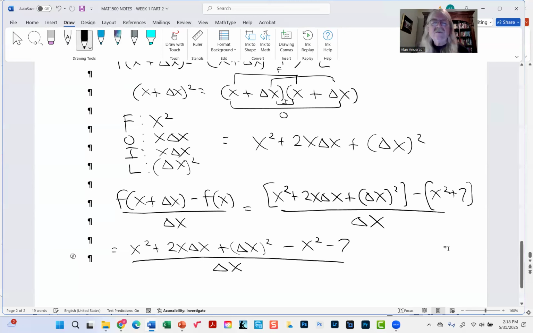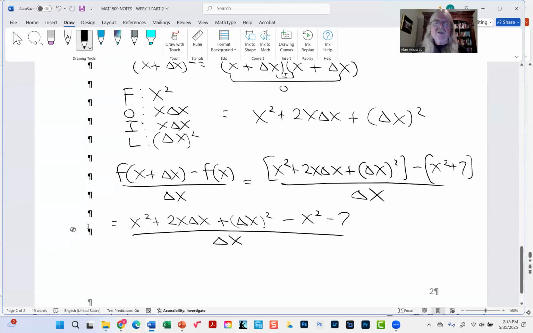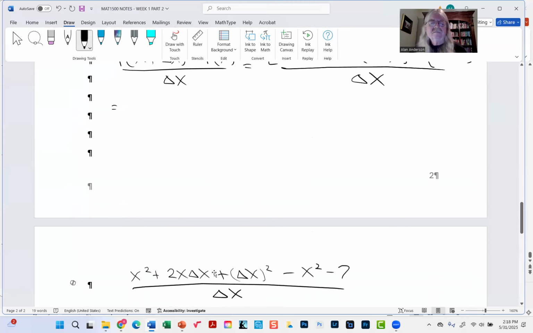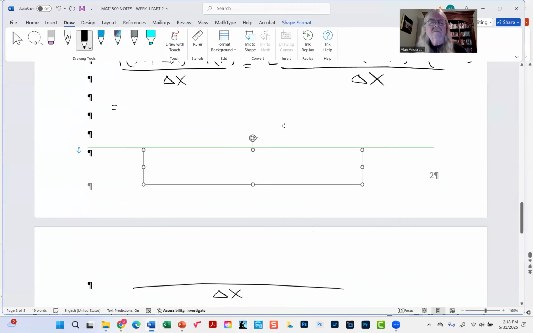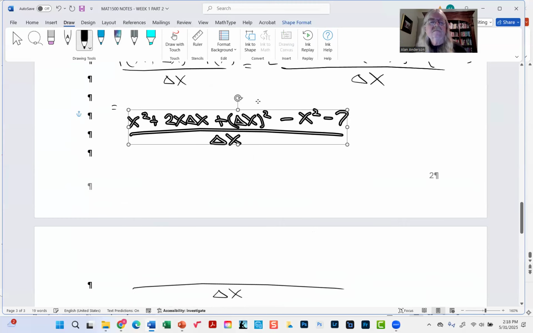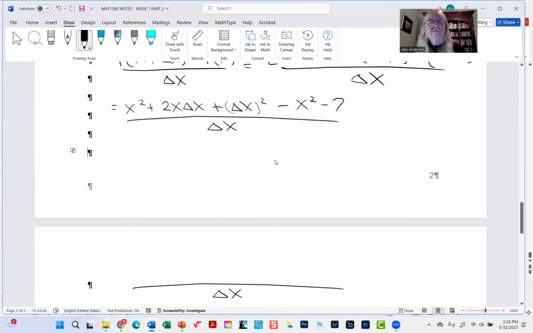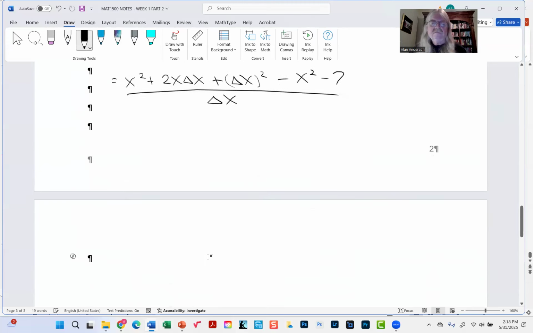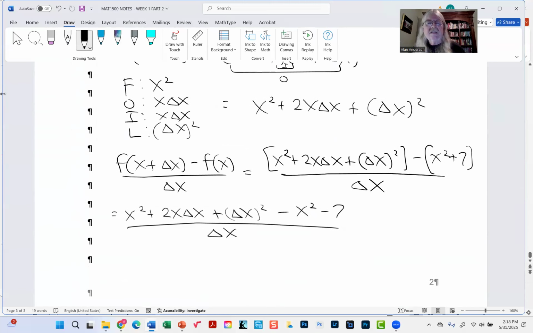Now, as it turns out, usually in this type of situation, there's going to be a lot of cancellation. And so you can see we're going to lose, let's see what terms we're going to drop out.